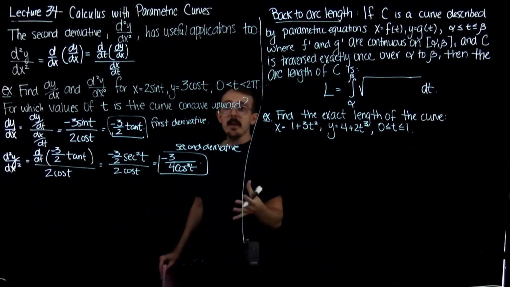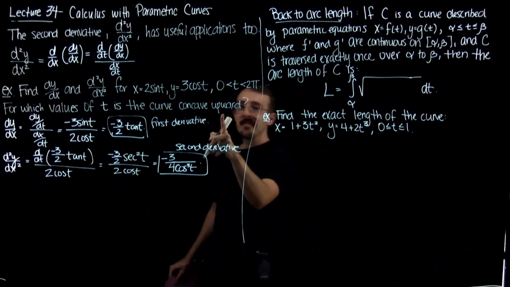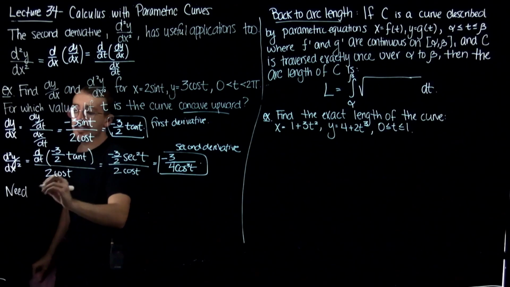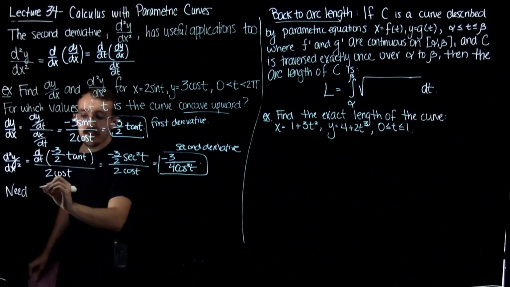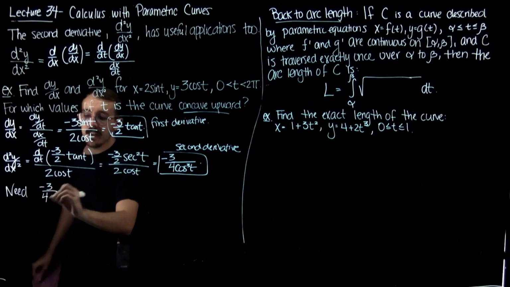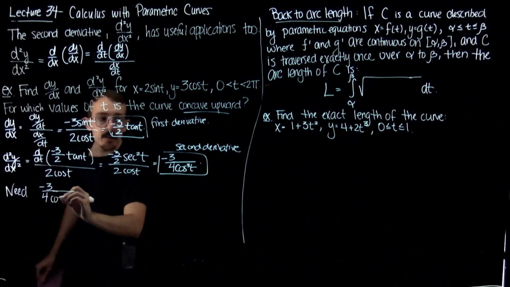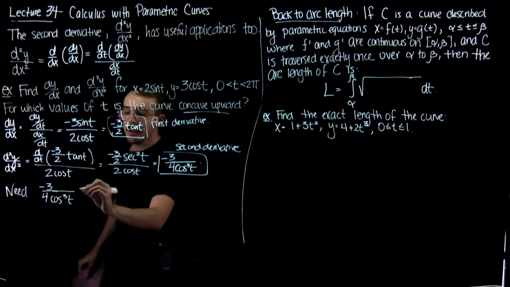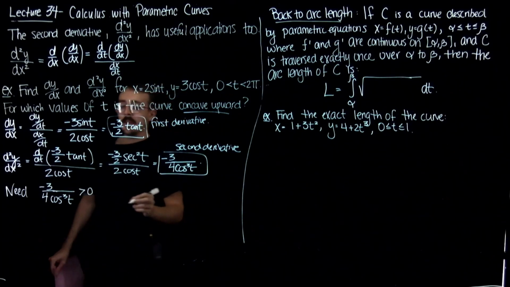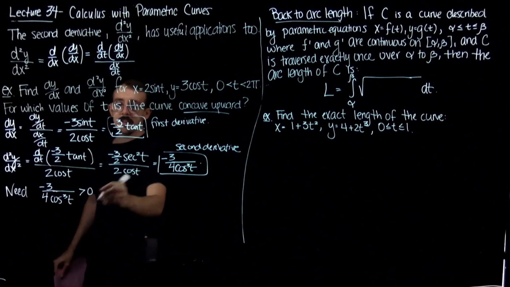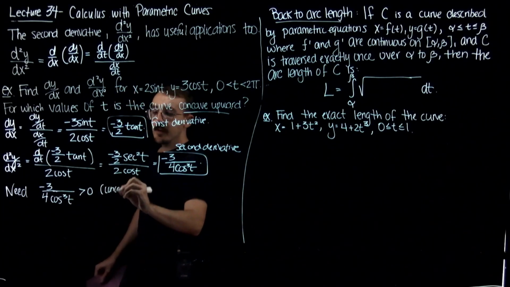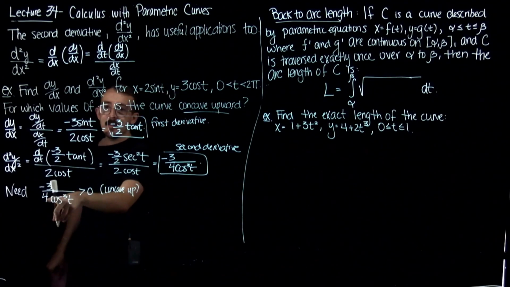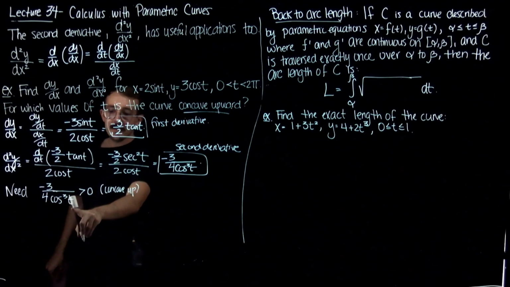So now, how do I find where something is concave upward? Well, what needs to be true about the second derivative? This second derivative that we just found has to be positive. If the second derivative is positive, then we're concave up. So the question is, let me solve what t values do this.